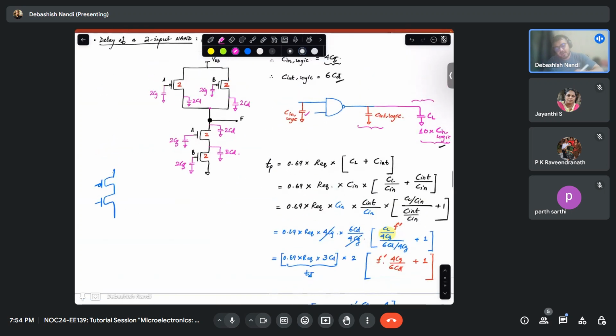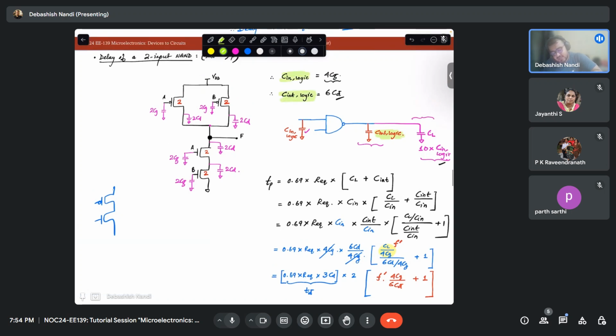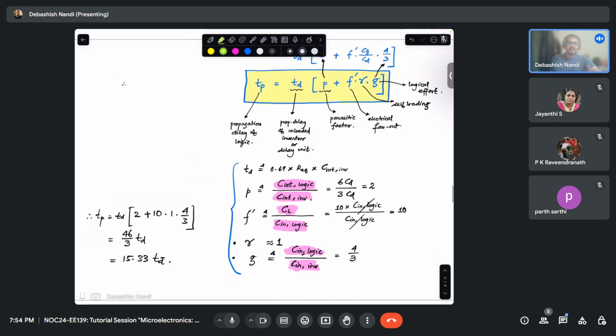These internal terms, where we have found them out, where we have discussed them: what is this, what is this, what is this and this. These 5 things you need to understand by looking at any gate, then you will easily be able to get this formula. So please do not remember this formula, just see the form.